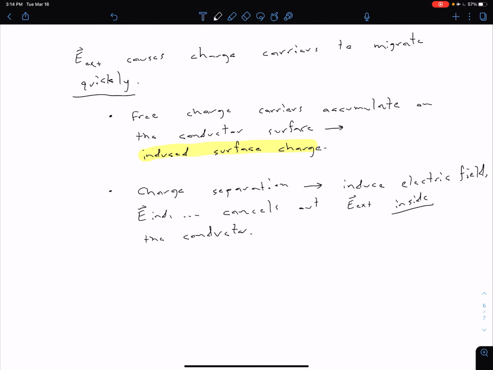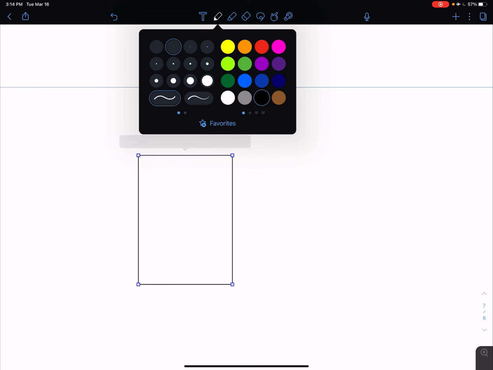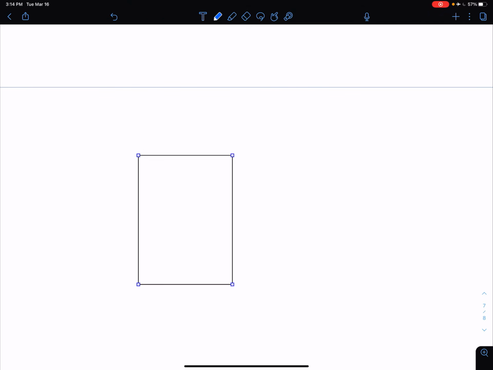Okay, so let's redraw this. We have our conductor, and now we're saying we don't have any electric field inside there. We have some electric field on either side of the conductor, so it's outside, but inside it's being canceled out by the induced electric field.